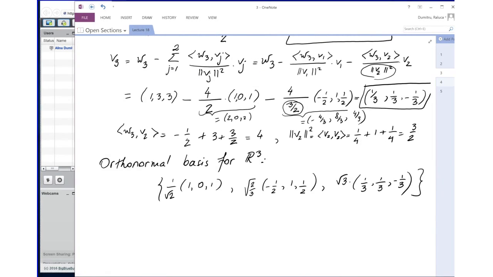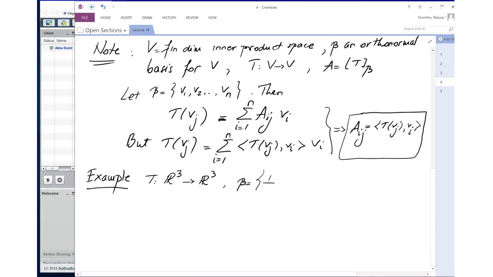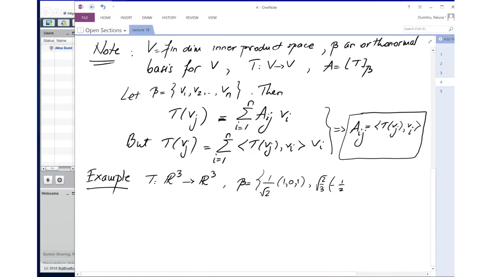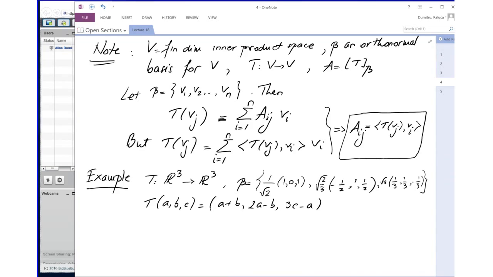So this thing from the previous page. Just some arbitrary linear transformation on R3.